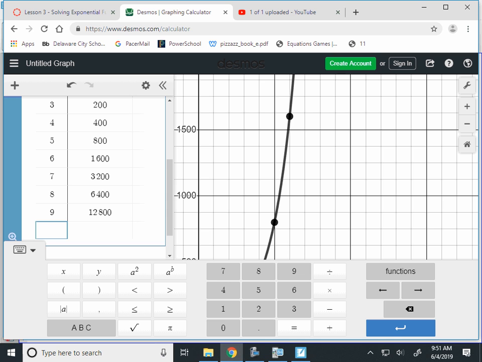Haven't gotten it yet. I'm still at 10,000, or 12,000, 25,000, 204,000, 409, looks like I'm getting close, 800. So if I type all those numbers in my table, I'm gonna make a little table here.